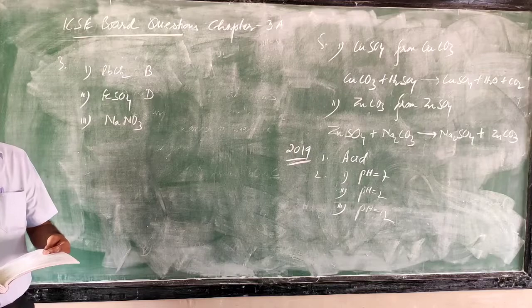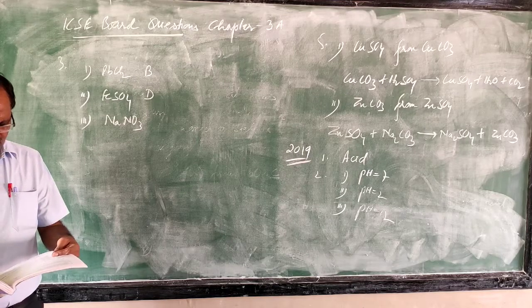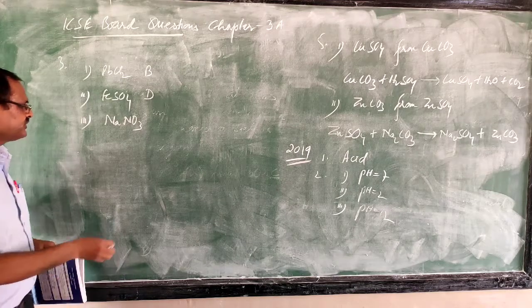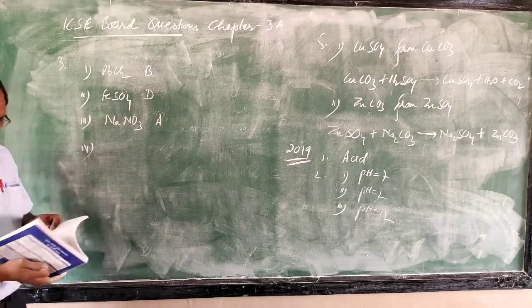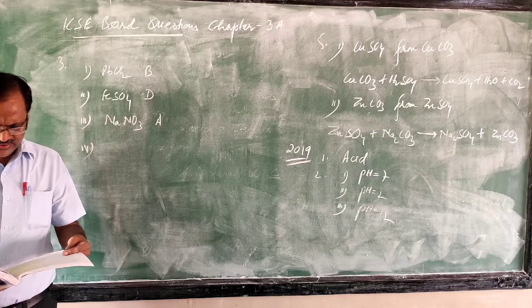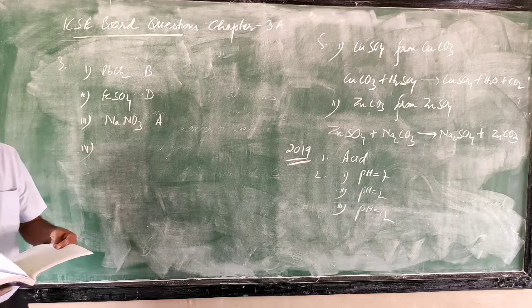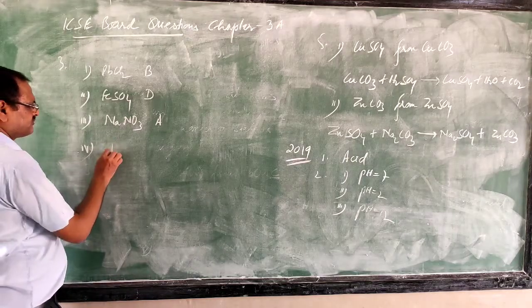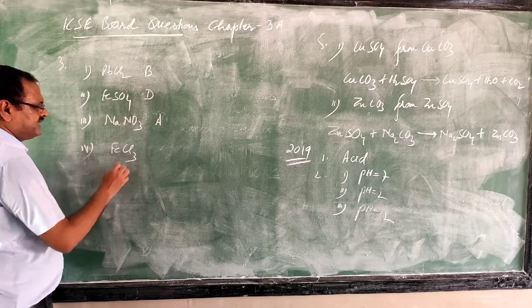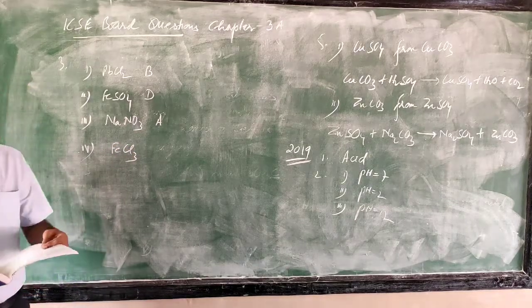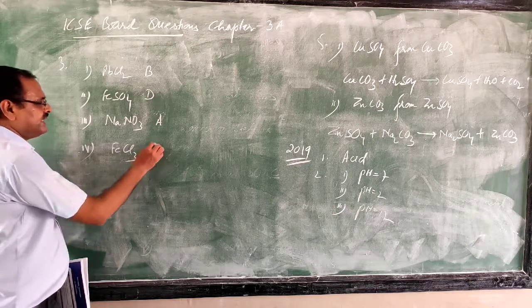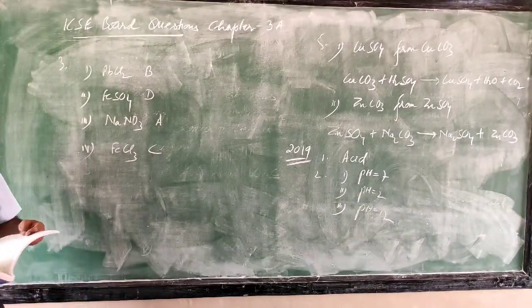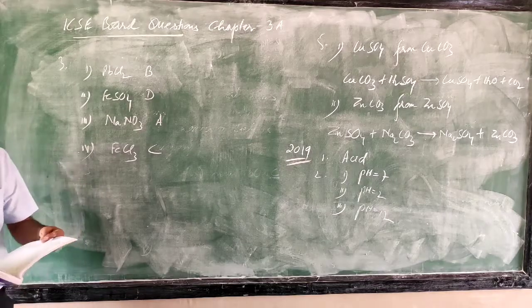Here, neutralization is given. Then the fourth one is iron(III) chloride, FeCl3. So that is direct combination, C. This is about 2019.